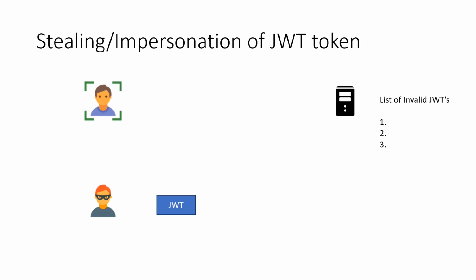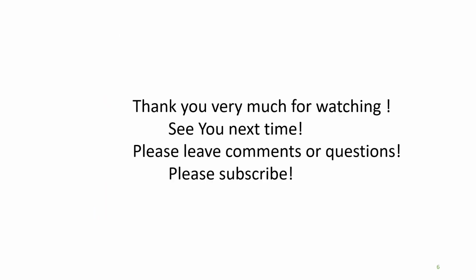And also maybe we can utilize the OAuth mechanism. In some implementations, I have seen that OAuth and JWT tokens work together so that we get a very secure kind of exchange between the client and the server. So this is about the JWT token.